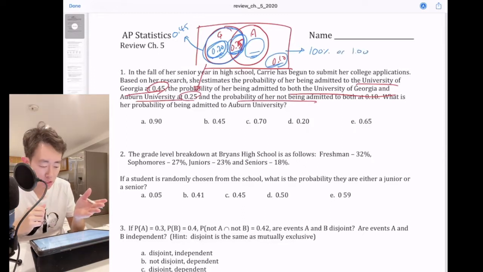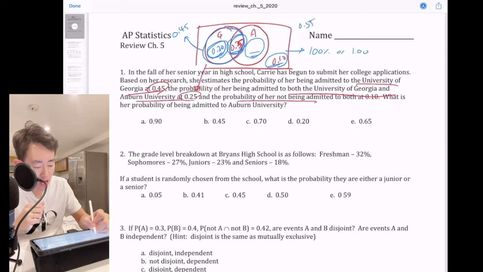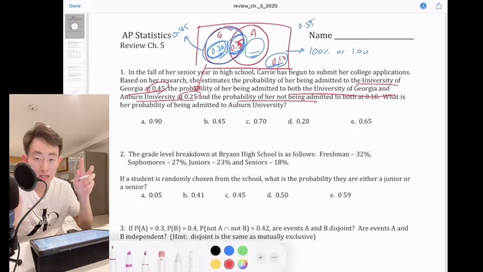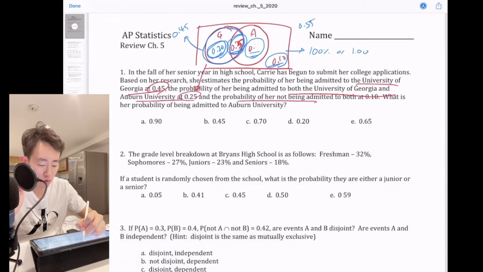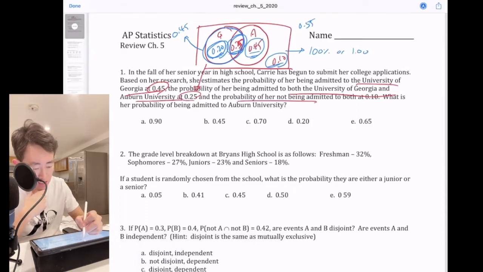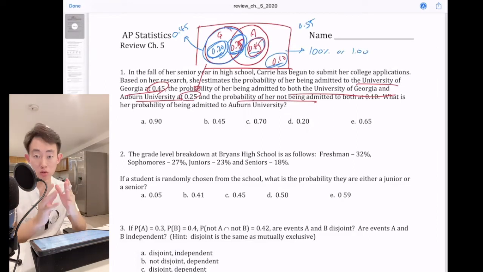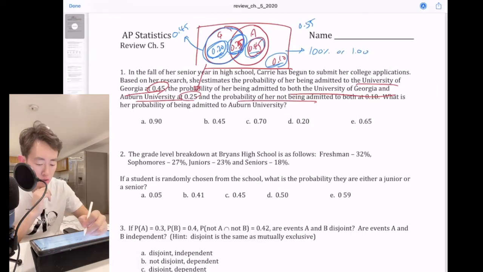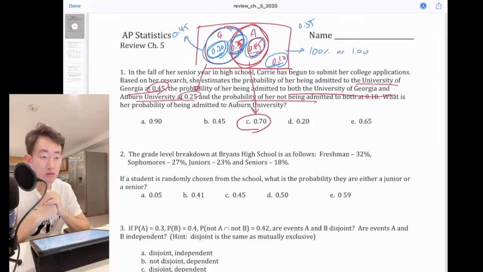When you add those numbers together, I believe you get 0.55. So the rest will be 0.45 here. And when you take a look at Auburn, it's not only the people who just go to Auburn, but also those getting accepted to Georgia as well. So when you add these two numbers together, that should be 70%. That should be the correct answer.